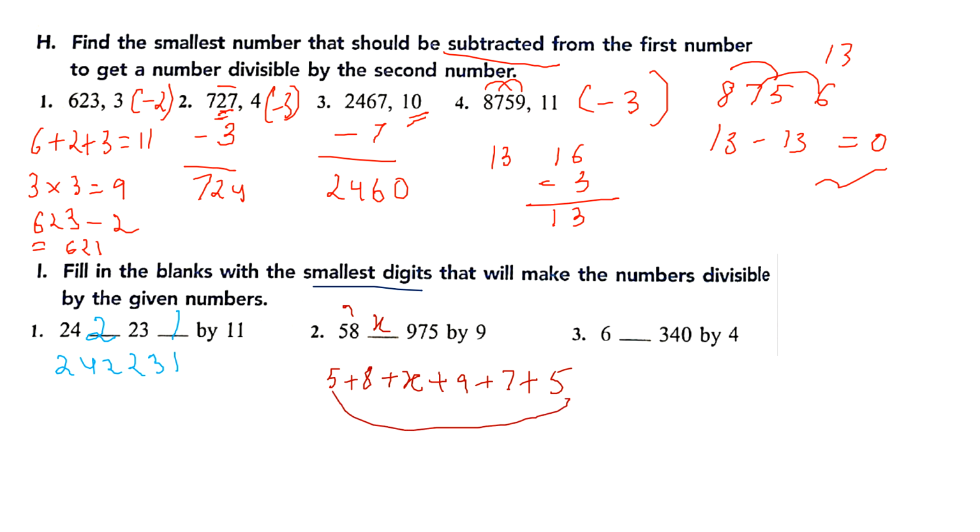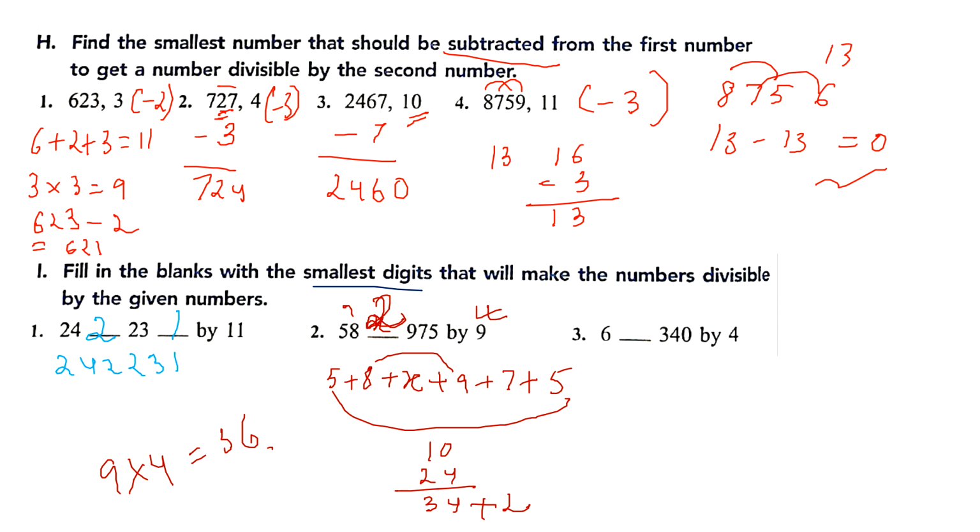So 5 plus 5, 10. 8 is 18, 9 is 27, 7 is 34. So you got a 34 here. So 34, how much more you will add so that it is divisible by 9? So you see 9 times 4 is 36, right? So how much more you will add in 34 to make it 36? You will add 2. So just write 2 here.